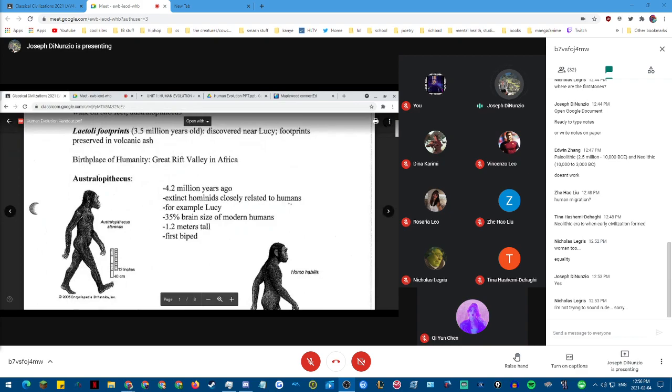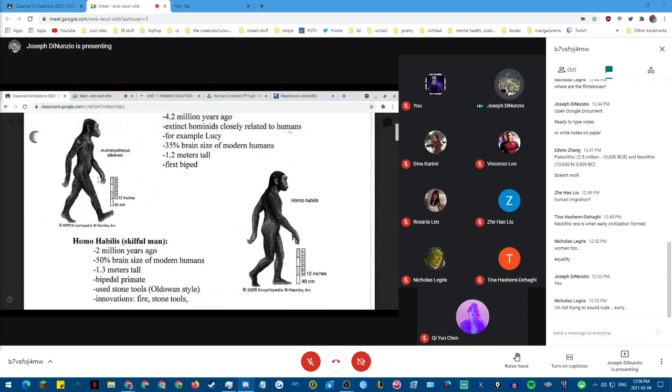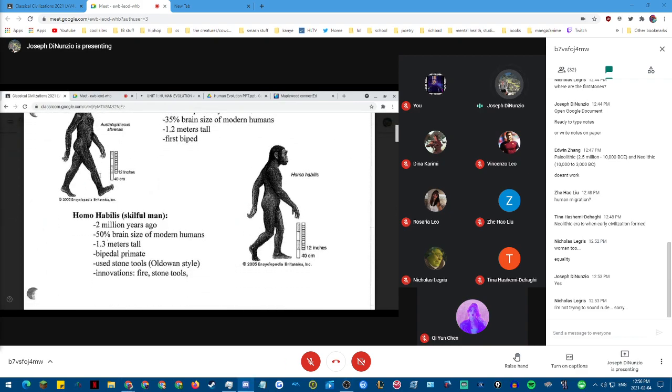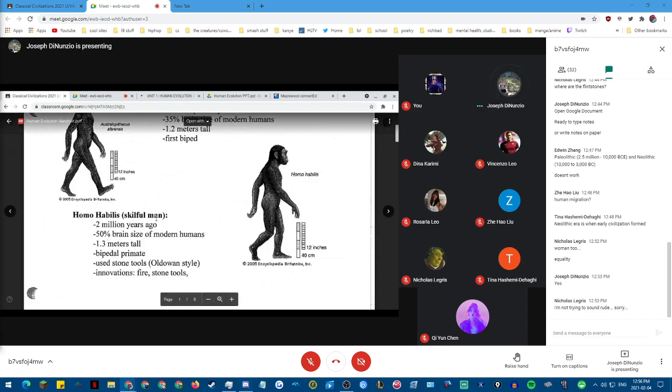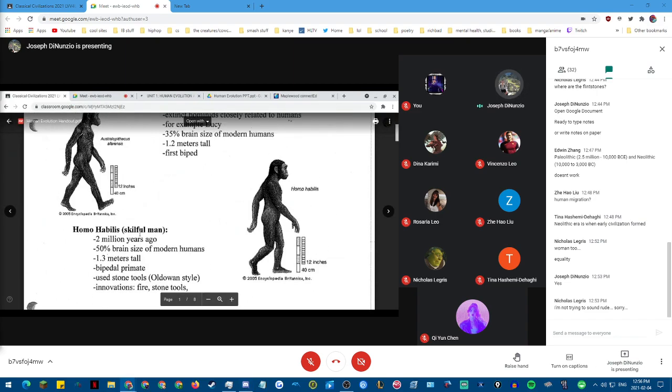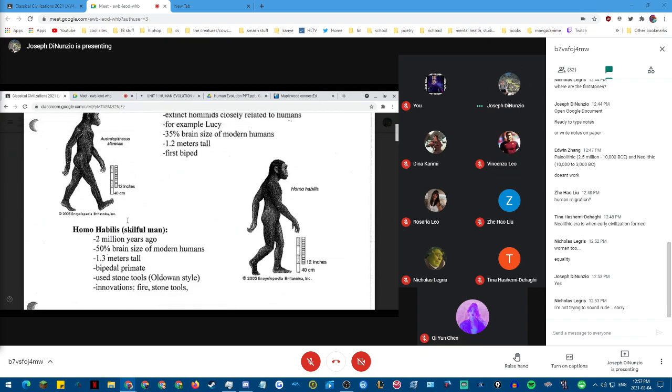And next we have our good friend Homo habilis. Now, Homo habilis, we call him skillful man because of his use of stone tools. Also a bipedal primate, roughly 1.3 meters tall, 50% brain size, and lived roughly 2 million years ago.